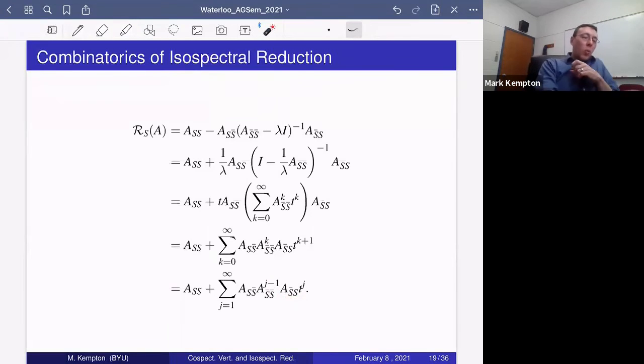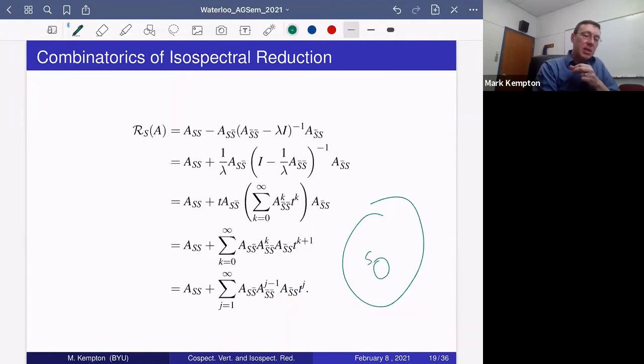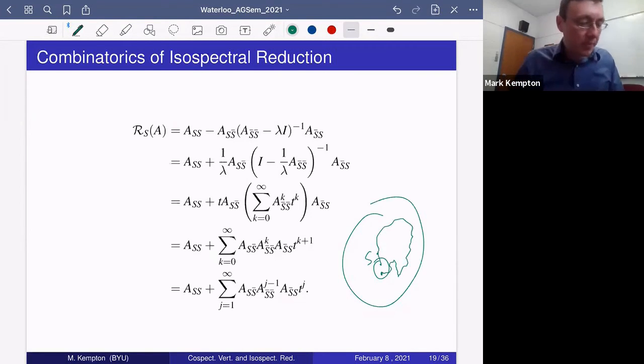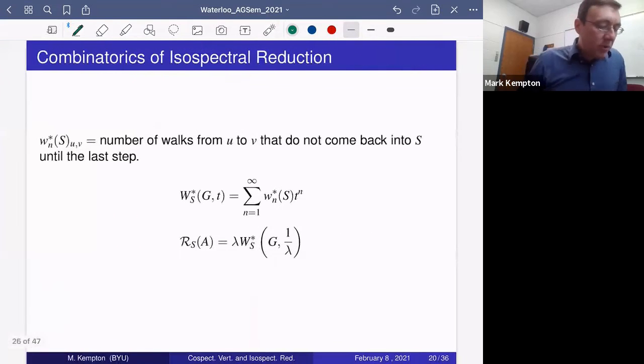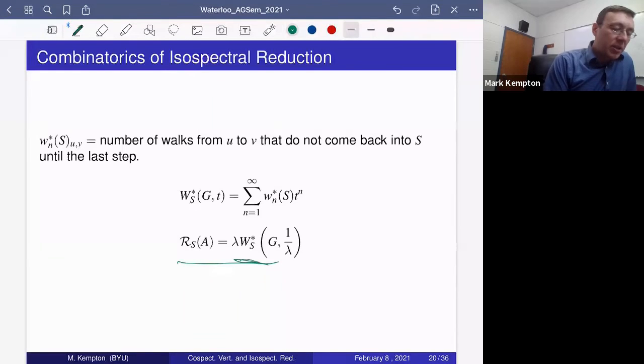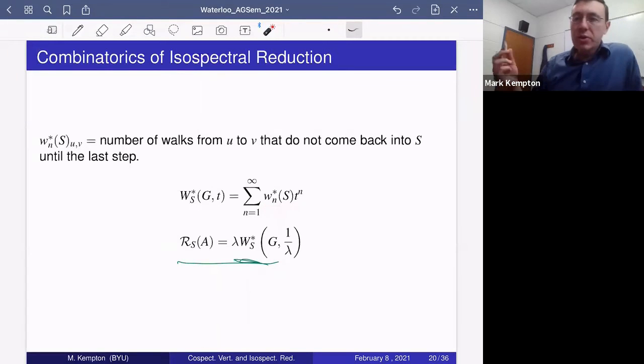So what this is doing is counting walks that, so I have my graph, right? And I have some subset S. I'm counting walks that leave the subset on their first step, walk around outside of the subset, and then come back to the subset on their very last step. So the isospectral reduction is really the walk generating function that counts these non-returning walks in the subset.